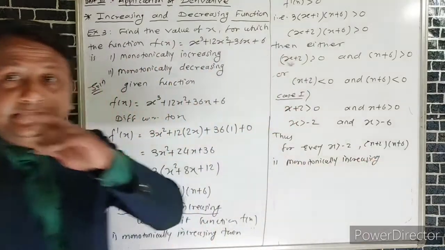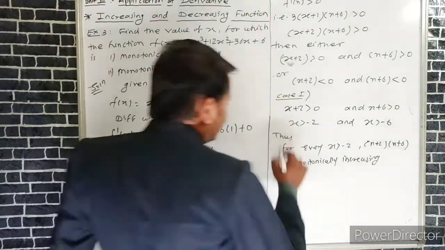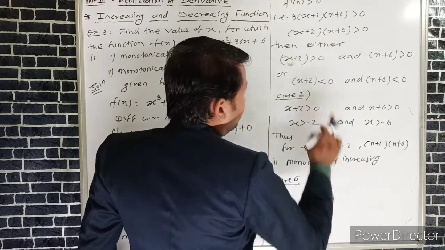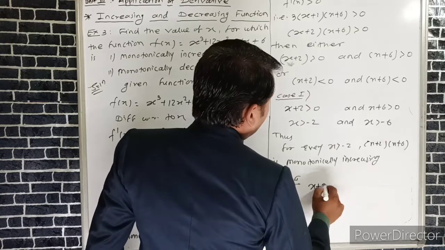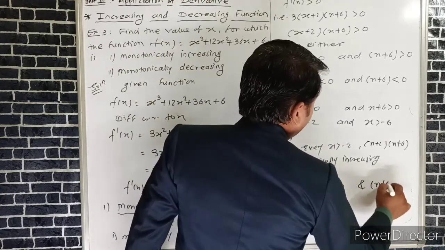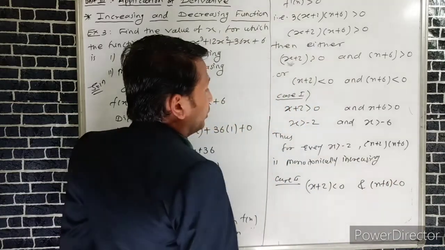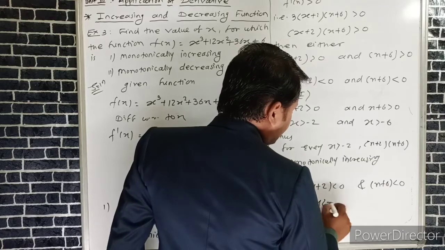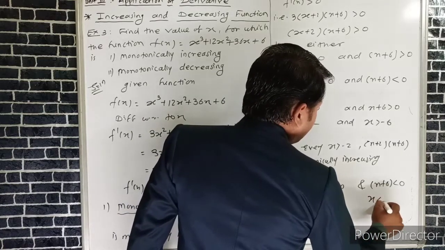Again, in the second case, both x plus 2 is less than 0 and x plus 6 is also less than 0. If we shift these to the right side, x is less than minus 2 and x is less than minus 6.